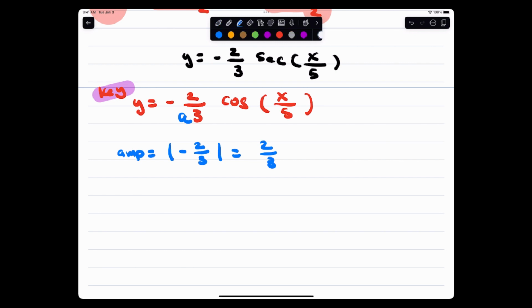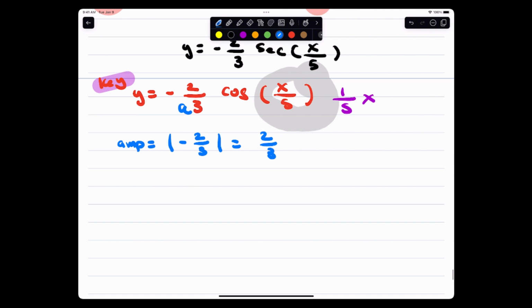Now, remember what happens over here. X over 5, isn't that going to be what? 1/5 x. Okay. So what's the period going to be? 2 pi over k.